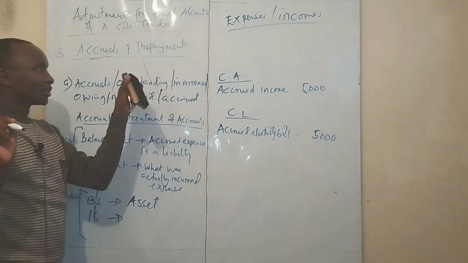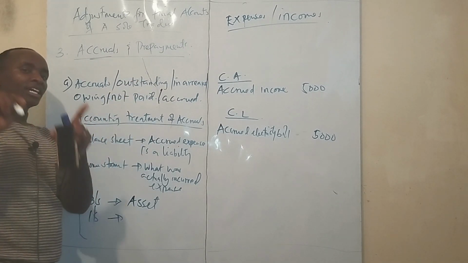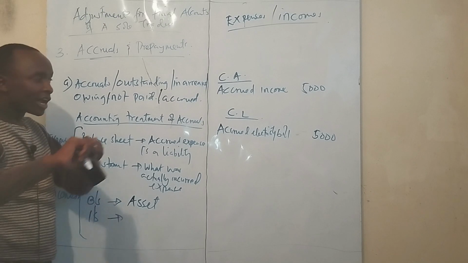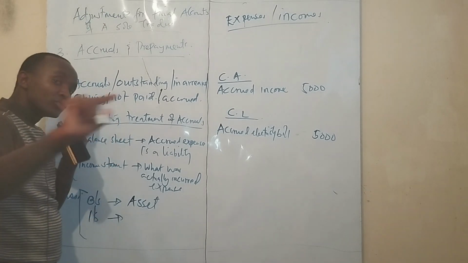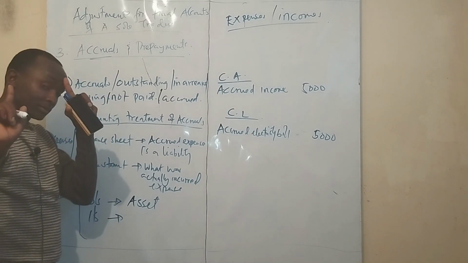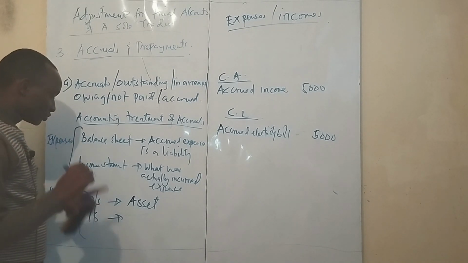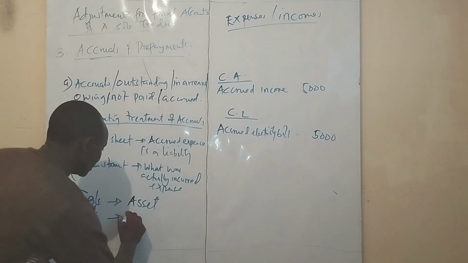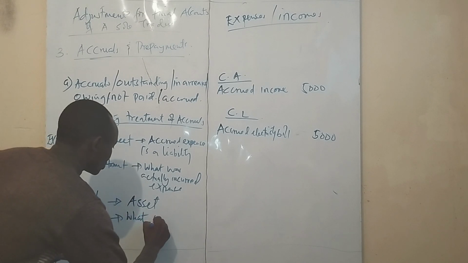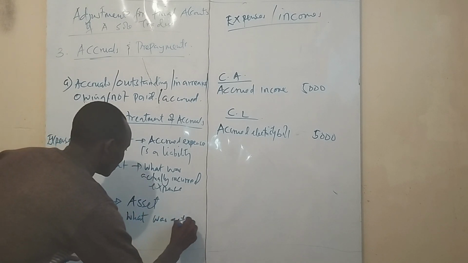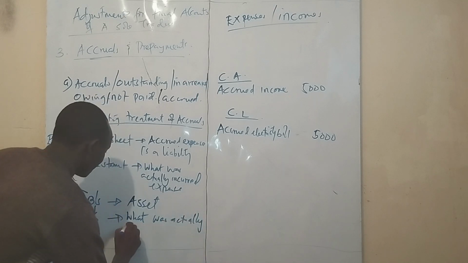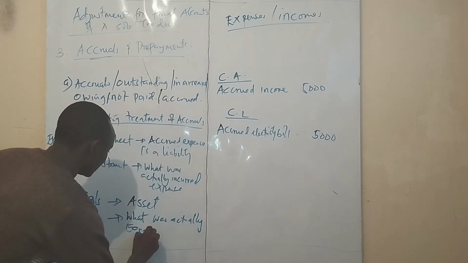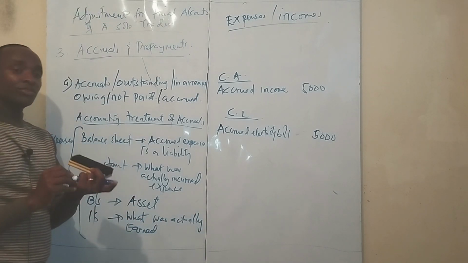The definition of the accrual concept of accounting is that incomes are recognized when they have been earned. We earned the full figure of 10,000 as rental income, not what we received. So the full value, that is what was actually earned. Yes, that is the full figure.